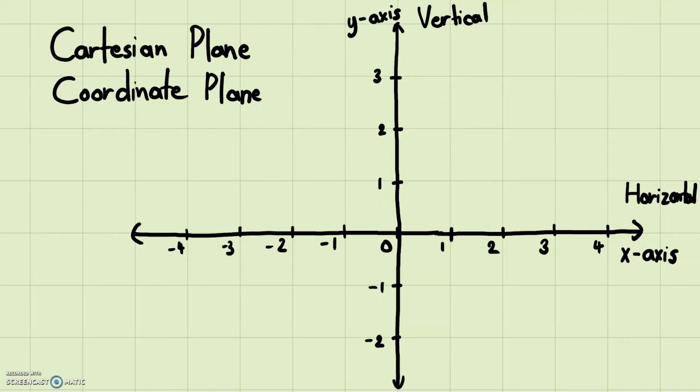The middle point right here is called the origin. It's an important point, the origin. Let me actually draw the x and the y-axis in different colors. Let me draw the horizontal x-axis in red, and the y-axis in blue.